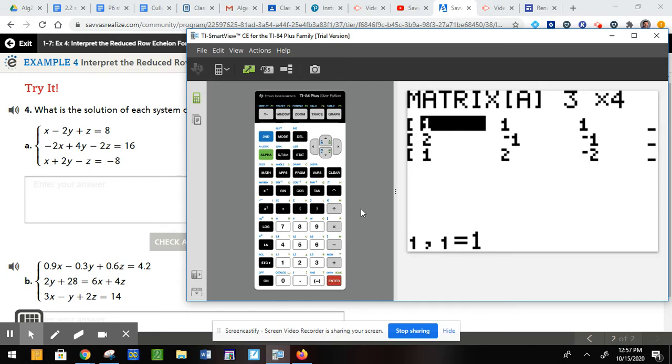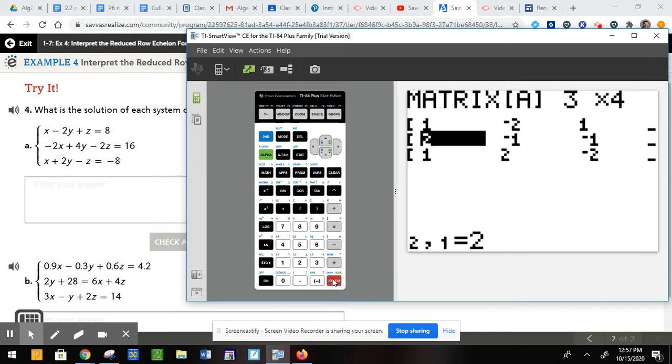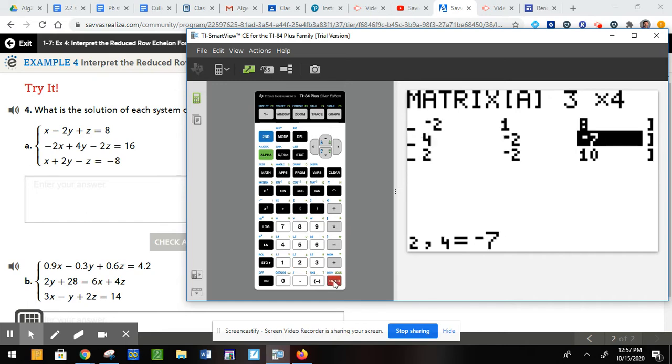X here is 1, so 1's already in there. Let's hit enter. The next one's going to be -2. I can just type over it, hit enter, and then the new number will pop up here. Z is 1 in this example, so that's already good. And then I want 8, and it pops down to the next row. -2, hit enter. 4, hit enter. -2, hit enter.